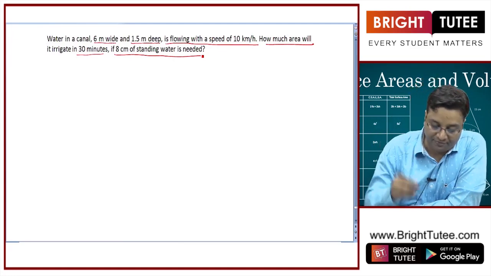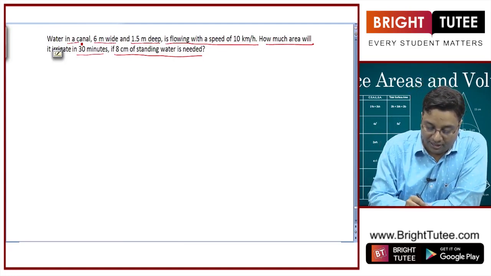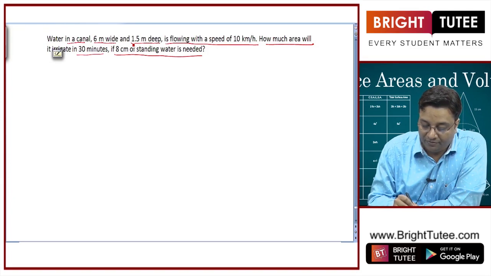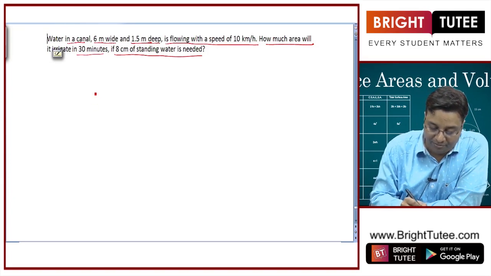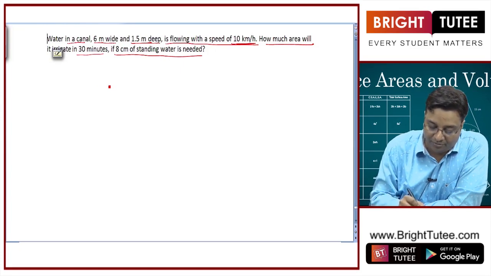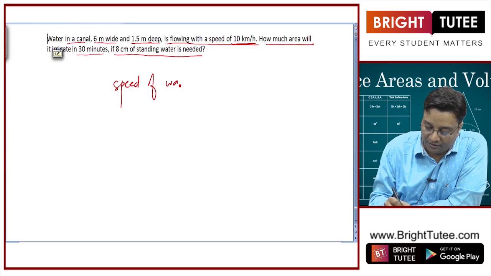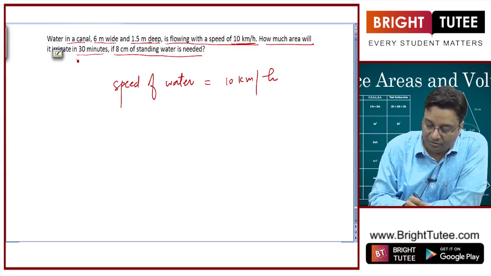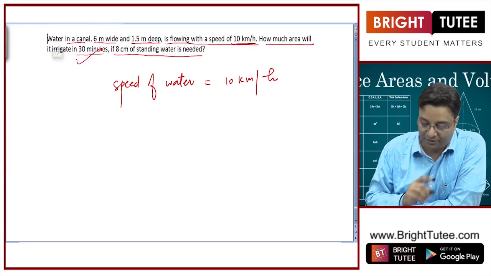I hope you understand. So this canal is 6 meter wide and 1.5 meter deep, and water is flowing in with the speed of 10 km per hour. So speed of water is equal to 10 km per hour, and we need to find area irrigated in 30 minutes.